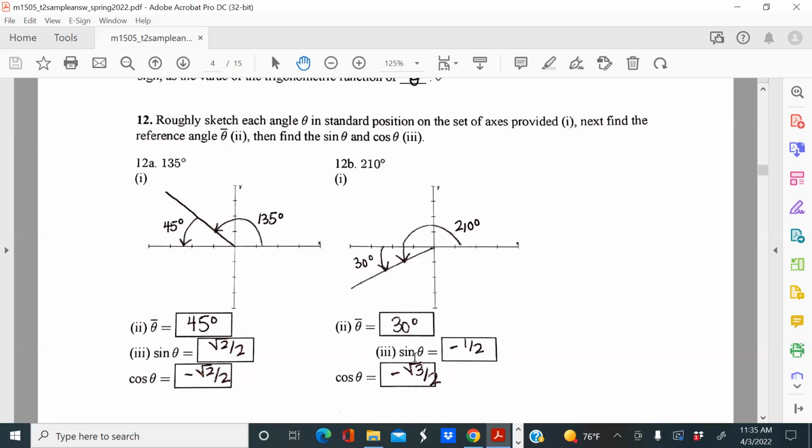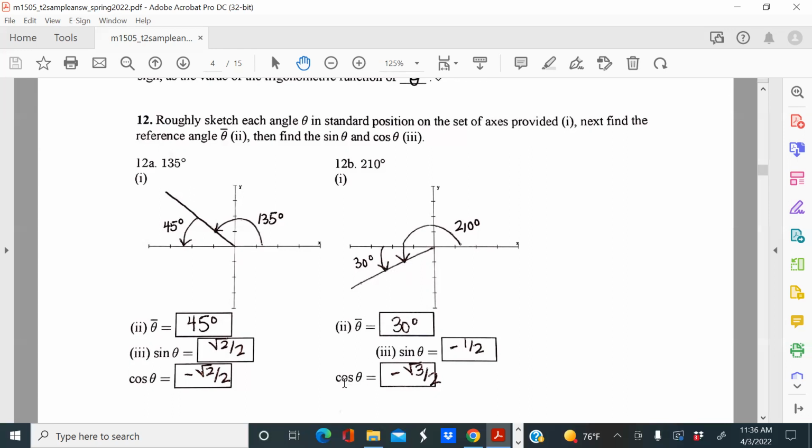So that means that your sine and cosine of the original angle, 210, are going to be the same as the sine and cosine of the 30, right? Except we have to adjust the sign in front of the number. Well, in the third quadrant, both sine and cosine are negative because the x-axis is negative in the third quadrant.